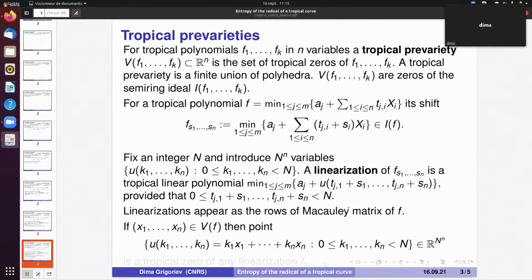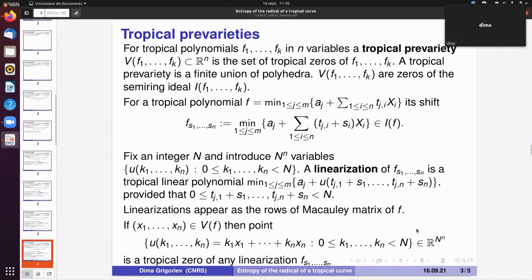Okay, and so we consider the linearizations, and now we consider a point from the tropical prevariety, so the point satisfying polynomial f, and then we consider the point where the values of the variables u, I remind you that u with indices are the variables, so the coefficient which appears at the coordinate k1 to kn is just a linear function at this point, and one can easily see that it's a tropical zero of any linearization.